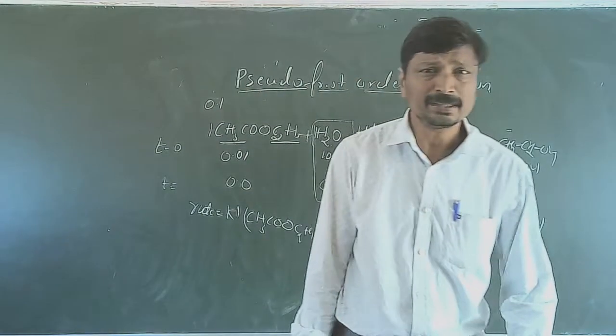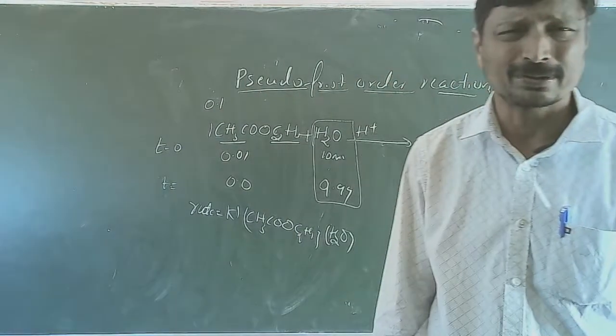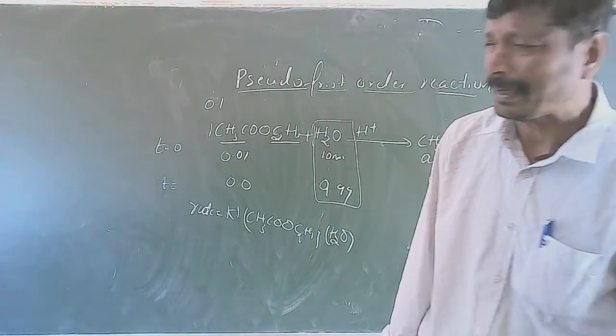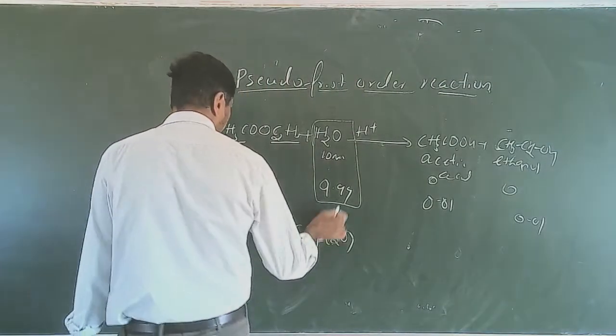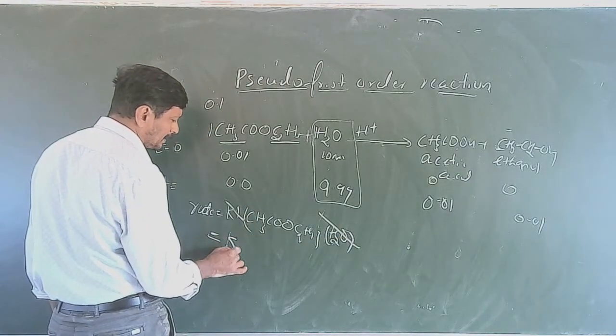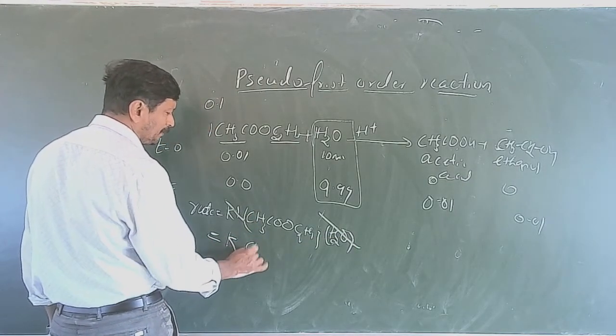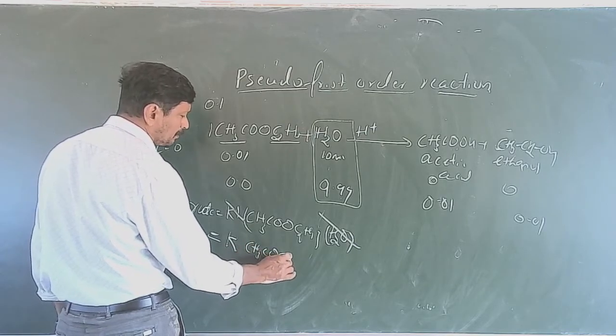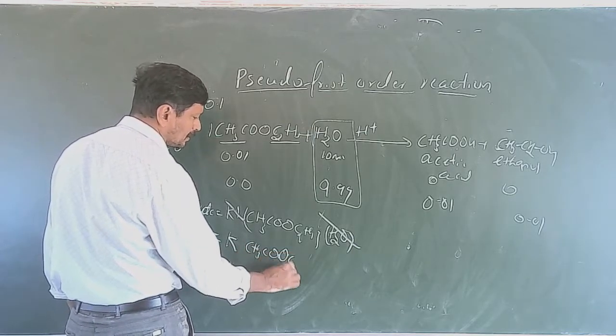It does not change with time. 10 mole is almost 99.99%. Therefore, this is constant. Therefore, we take another constant K into the molar concentration of ethyl acetate.